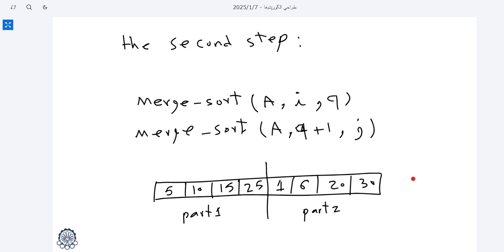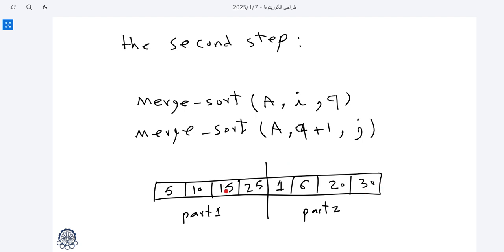So in the third step, we should combine the solutions of the first part and the second part and compute the total solution. I mean, the first part is sorted, the second part is sorted, but the total array is not sorted.